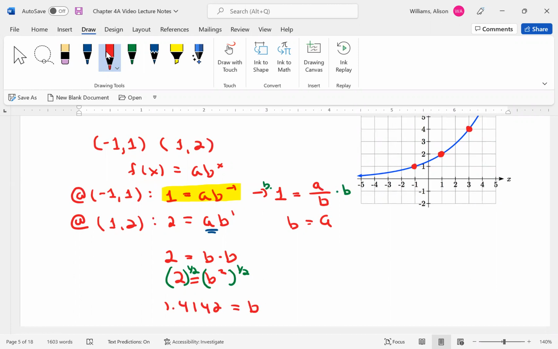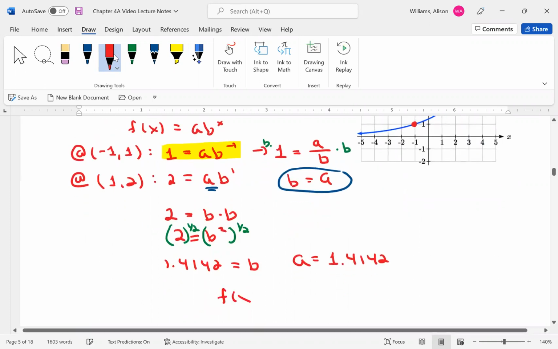There are technically 2 values for b, but we are assuming it's positive. Now, a happens to be the same thing because a equals b, right? That's what this equation right here says. So a also equals 1.4142.